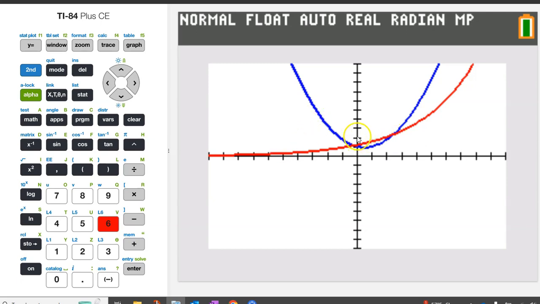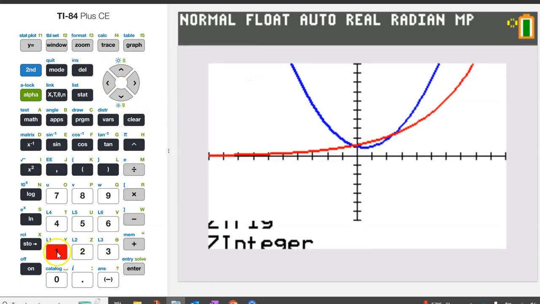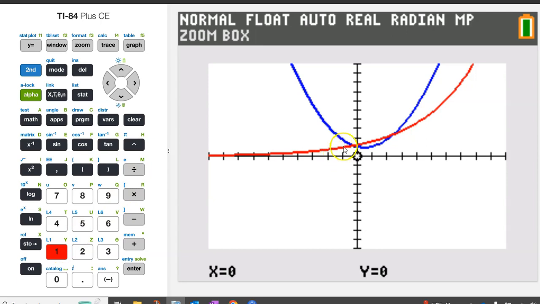I could start doing my second trace intersect right now, but I just wanted to show you one more tool. Let me show you how to zoom in a little more carefully and easily, just so we can get a little bit of a better view. Try hitting zoom box. So hit zoom and then the number 1. Let's move the pointer to the lower left of all of this interesting stuff, to the lower left of all of these intersection points, and hit enter.